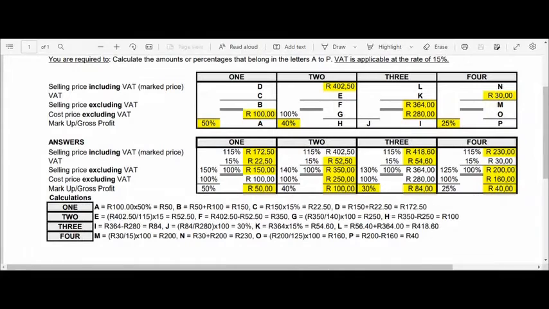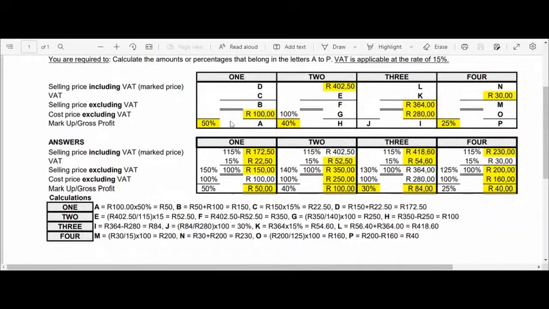So how are we going to do it? We see the cost price excluding value added tax, right? So the cost price is 100 Rand. Our gross profit is 50%. Sorry, the markup is 50%.